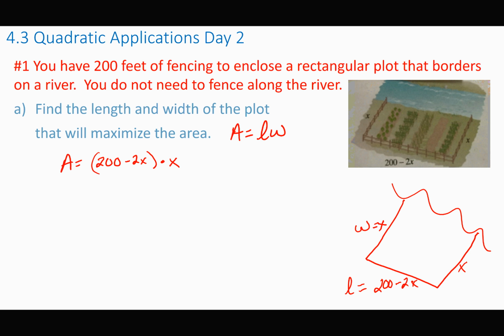Okay, everything we've been doing is with quadratics. Quadratics mean there's something squared in there. Well, this function that we created does not have a square in it yet. It's written in this form. Well, I can distribute the x to each term, and so this would be 200x minus 2x squared. That's the same thing. That's still my area function.